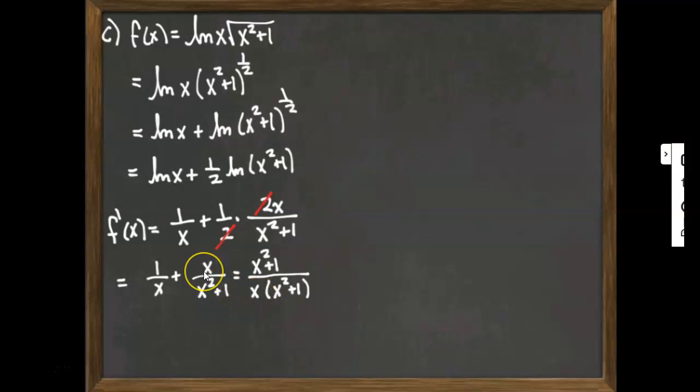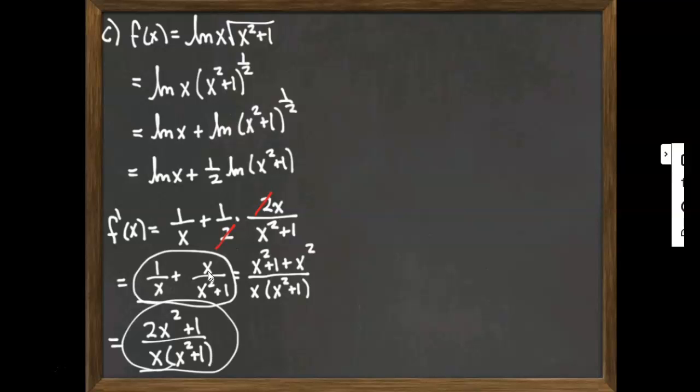So we'd have to multiply the top by x. X times x would make that x squared. And so then simplifying, we have our derivative 2x squared plus 1 over x squared plus 1. Or again, we would have been fine writing it as 1 over x plus x over x squared plus 1. Either one of those ways actually would be okay.